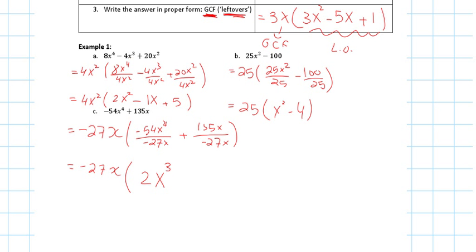Now, 135 divided by negative 27, what is that? Negative 5. You see, guys, eyes on me. A positive and a negative makes a negative, and it's negative 5. The x and the x, they're going to cancel each other, so that is my final answer.